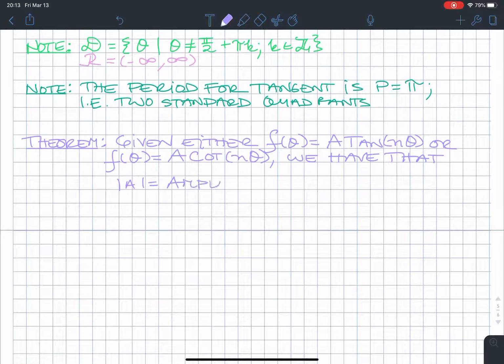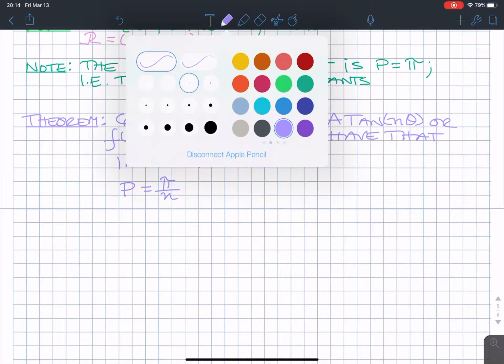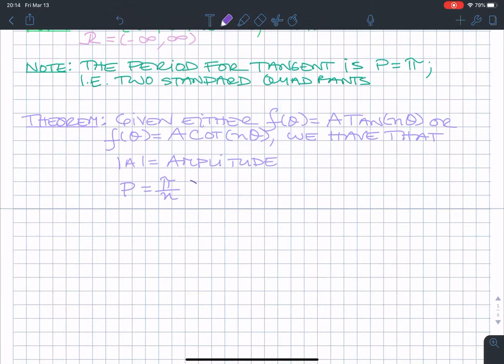It's a distance, it has to be positive. And the period for both tangent and cotangent is pi over n, and this is corresponding to two quadrants.